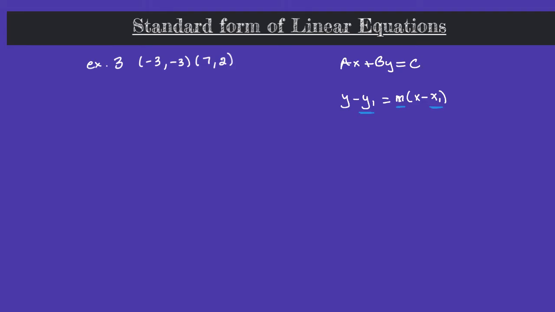So what we're going to do is start with finding our slope of the line that goes through these 2 points. Our slope, if you remember our slope equation, m is equal to y2 minus y1 divided by x2 minus x1, or rise over run, change in y over change in x.